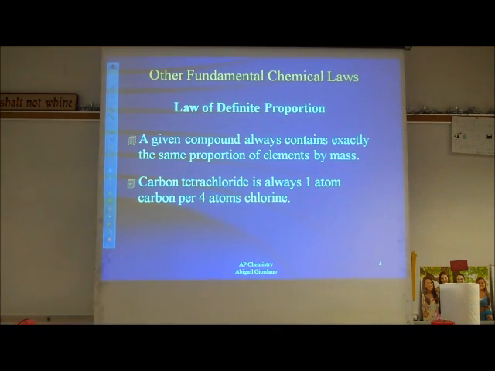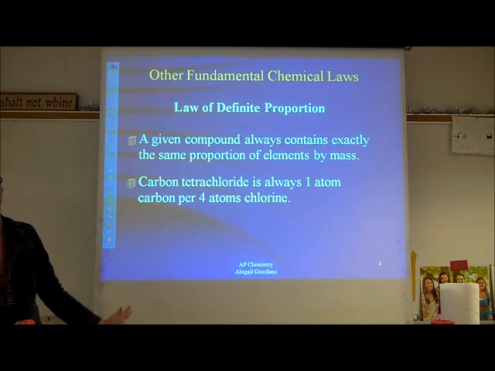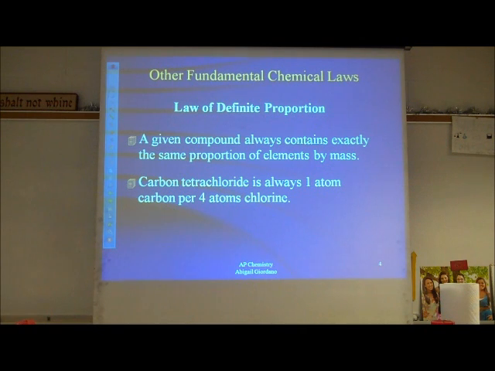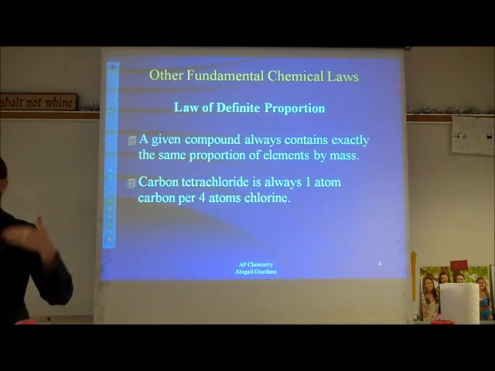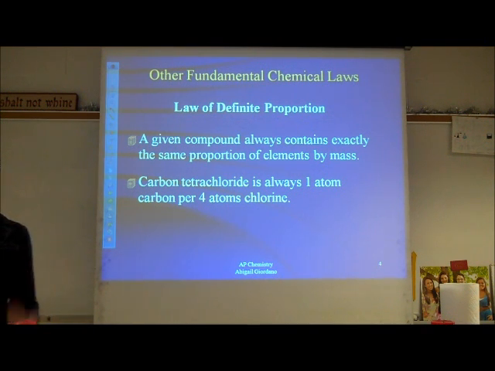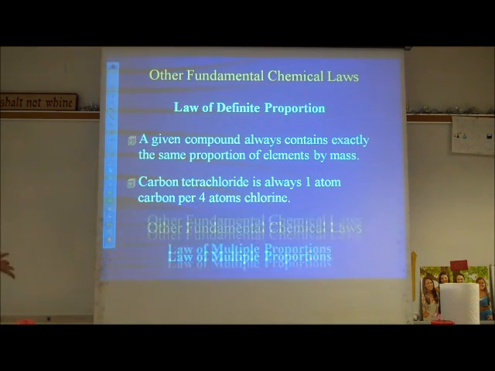Water is water is water is water. Water is H2O no matter where it comes from. It is always 2 hydrogens to 1 oxygen. And I know what you're thinking. Duh. Well, it's the 1700s, people. It just means one compound is always the same elements in always the same ratios.